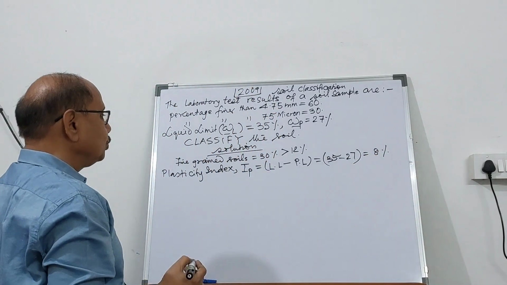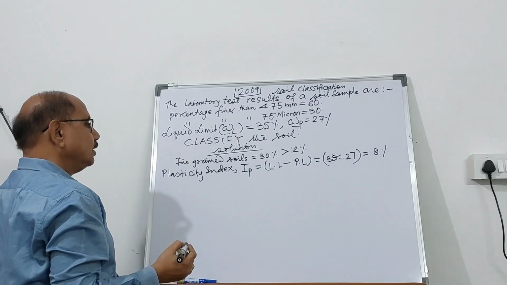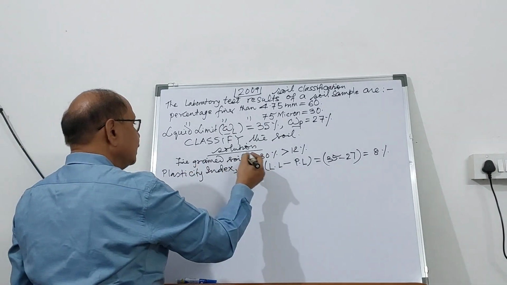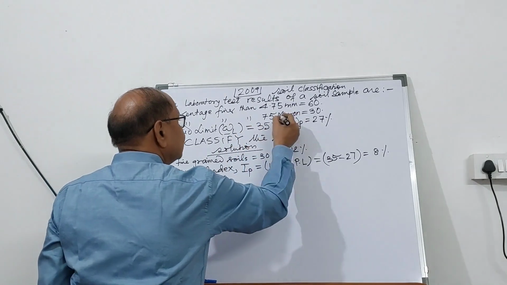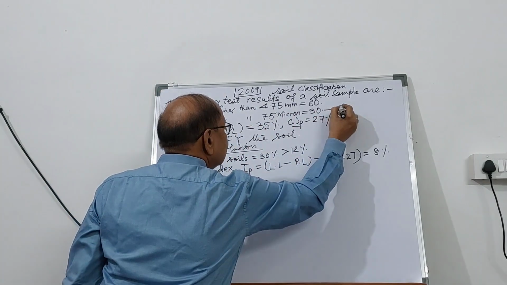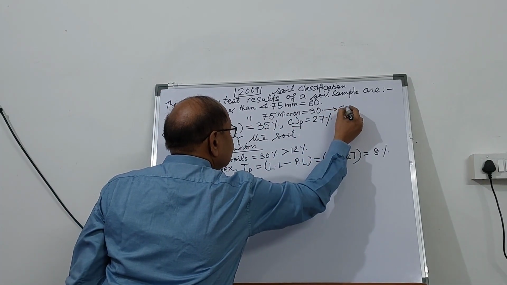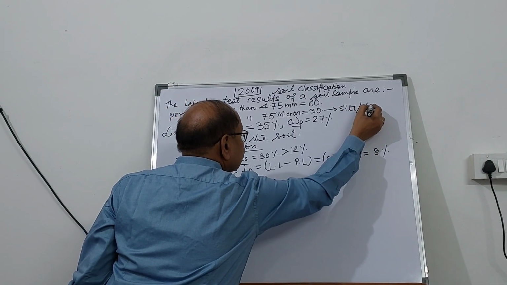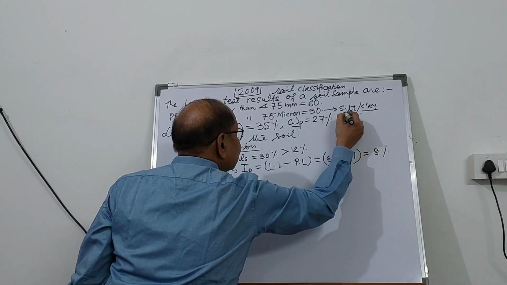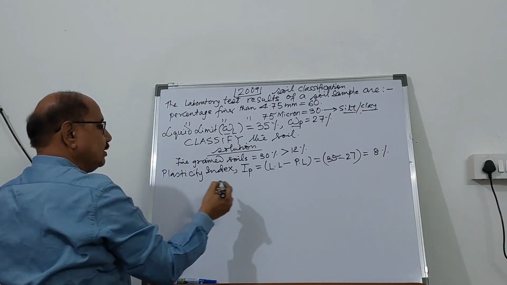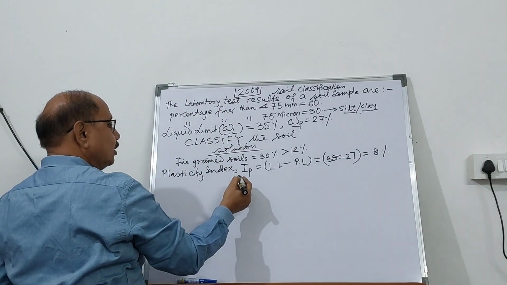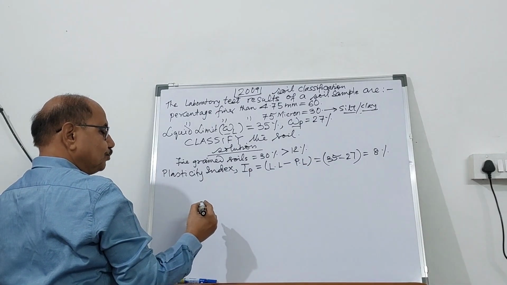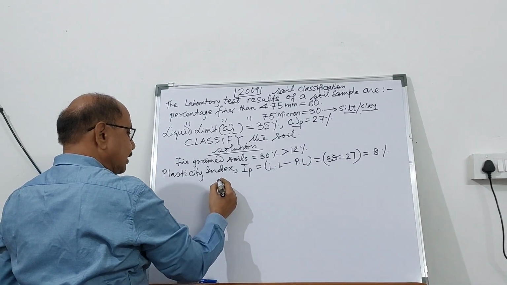So IP is known to you as 8%. Now, because it passes 75 micron, it is fine grained, it could be silt, it could be clay. Whether it is clay or silt, you can find out based on liquid limit and plasticity index.